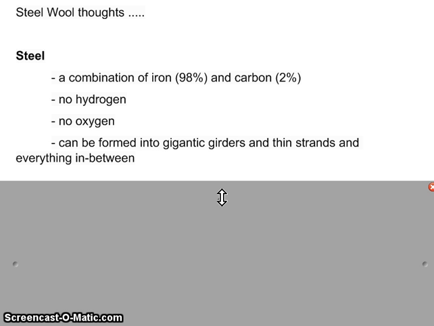And it says here no hydrogen and no oxygen, and that's important because the students have learned at this point a combustion reaction, which depends upon some sort of hydrocarbon and oxygen coming together to create CO2 and water and energy. But since there's no hydrogen involved and no oxygen in the steel wool, it seems unlikely that this can be a combustion process.